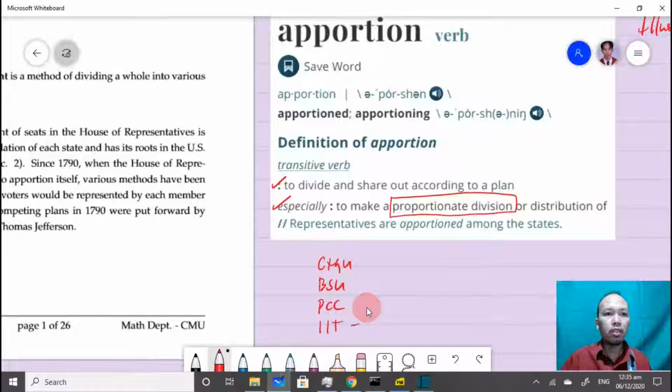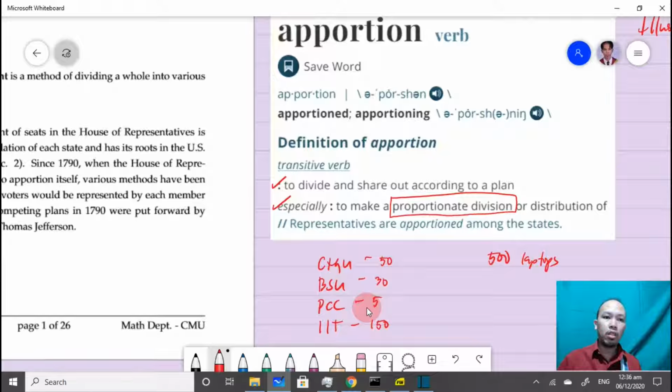Let's say there are 50 teachers here, 30 teachers here, PCC has 5 teachers, and MSU IIT has, for example, 150 teachers. And there are 500 laptops, and the Department of Education wants to distribute these laptops to these 4 schools or universities. Just imagine like that.